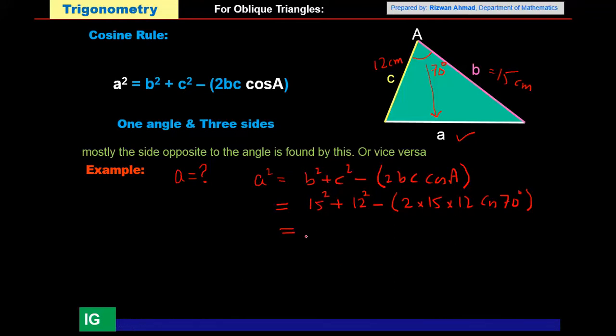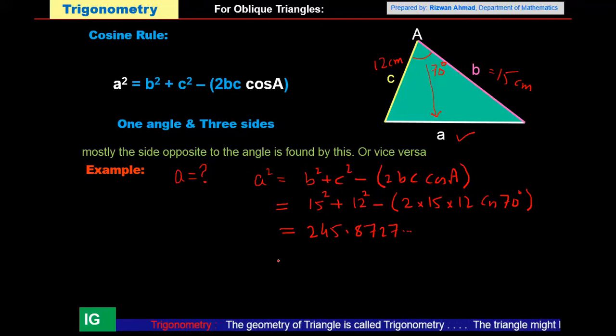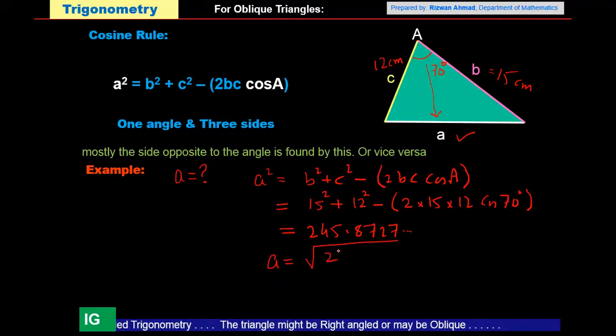So this is 245.8727 and so on, which means that A will be equal to the square root of this value. Still it is in your calculator, so you just take the square root of the answer.